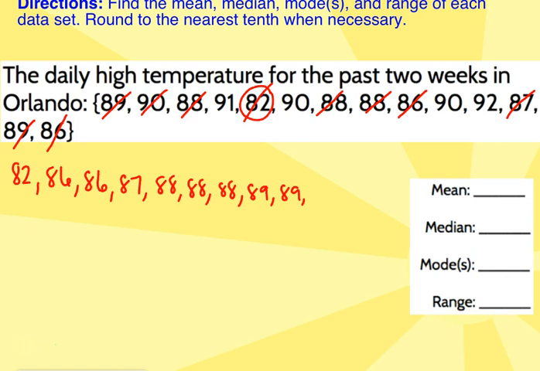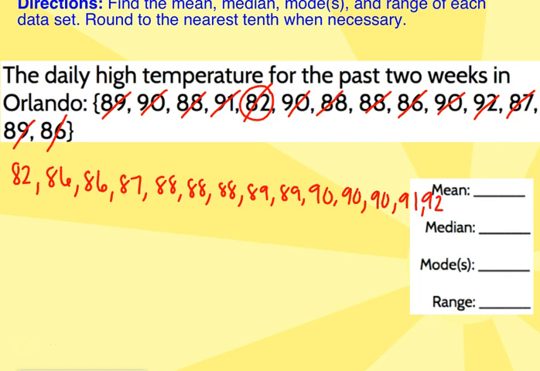And there's a 90. Another 90. Another 90. Then we have a 92. I lied, a 91, and then we end with a 92. All right, so now we have our whole list down. This will make our life a lot easier.